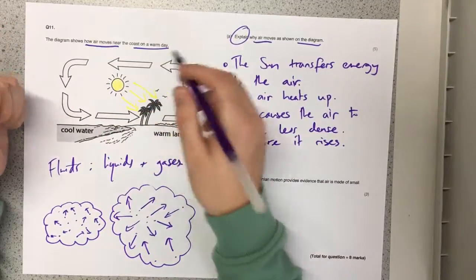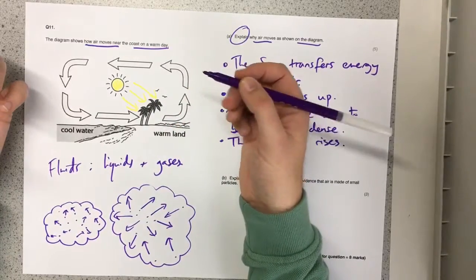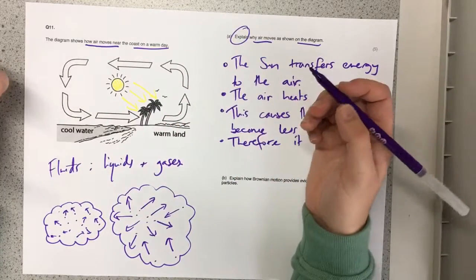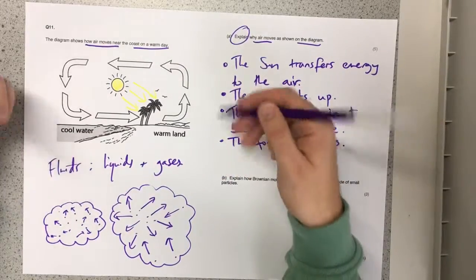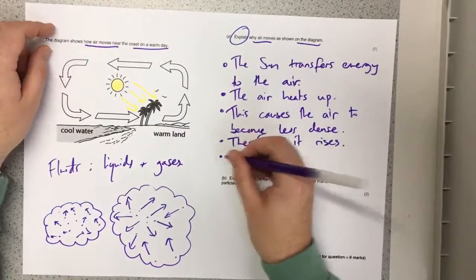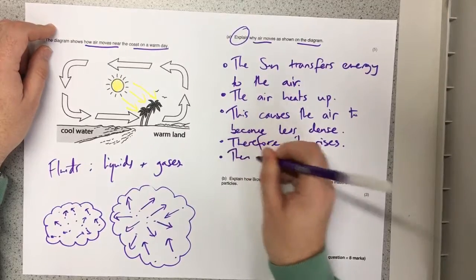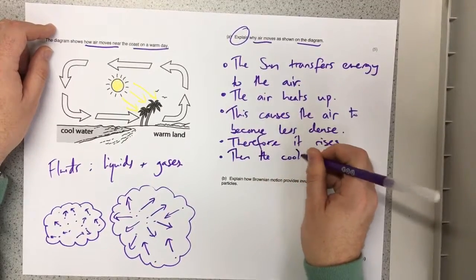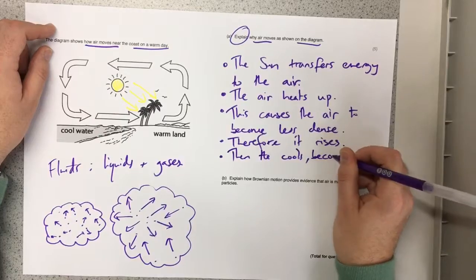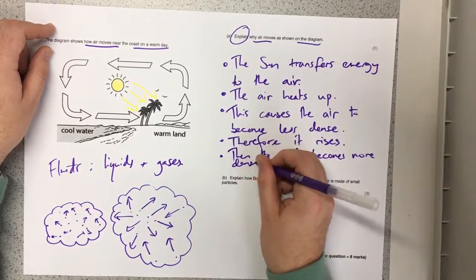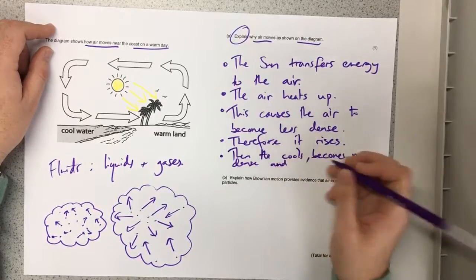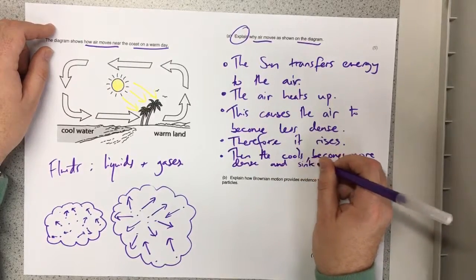So as it rises up, it's going to lose energy, and then it's going to cool down, and it's going to cool and become more dense, and it's going to sink. Then the air cools, becomes more dense and sinks.